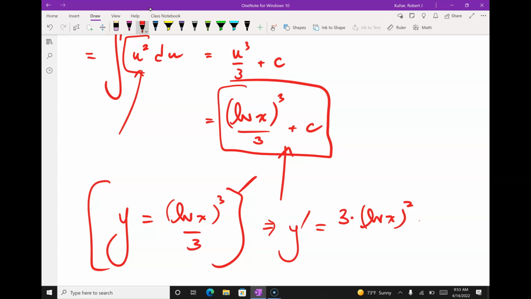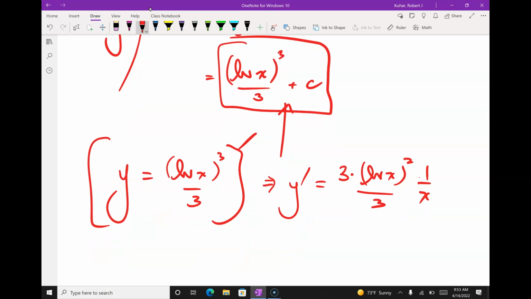What's the derivative of the inside? 1 over x. And I still had that 3. The 3 went for the ride, right? So the 3's cancel, and I get what I had: ln of x quantity squared over x. Done. I knew I got it right. I'm not worried about that problem anymore, right?